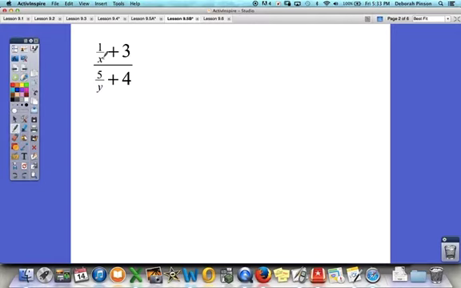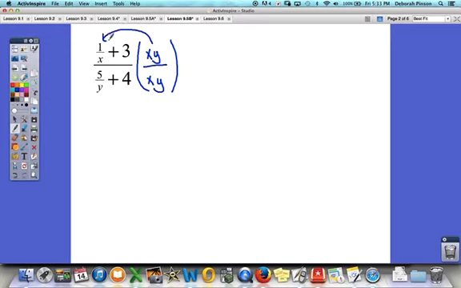So in my case, I need to have the x and I need to have the y. So my common denominator would be xy. I'm going to multiply by it top and bottom. Now I have to balance, so I have to multiply top and bottom or I haven't balanced my expression.